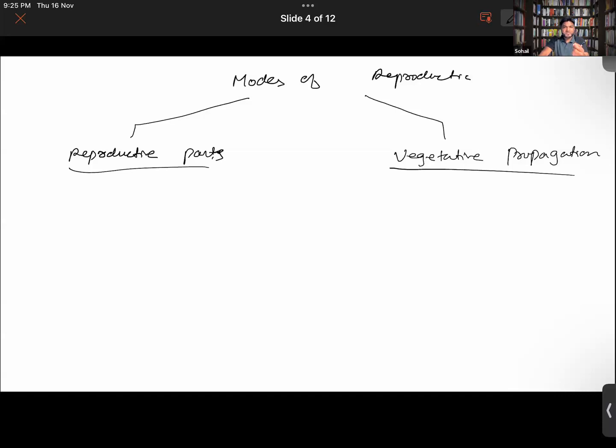While in the case of asexual reproduction, the growth of new offspring will take place without the need of a partner.